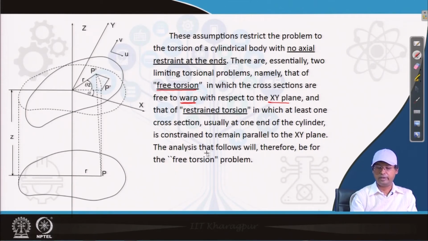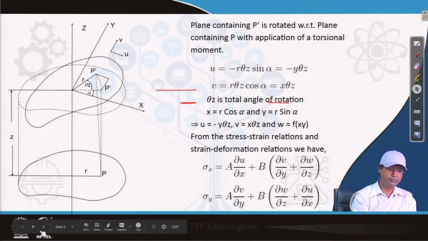The analysis that follows will therefore be the free torsion problem. So, what we will consider in this particular case is free torsion. So, for free torsion, how are we going to define the displacement and how do we get the first starting equation? With that small note, we will end today's lecture. So, let us try to go forward.